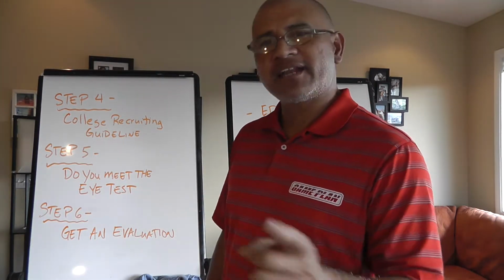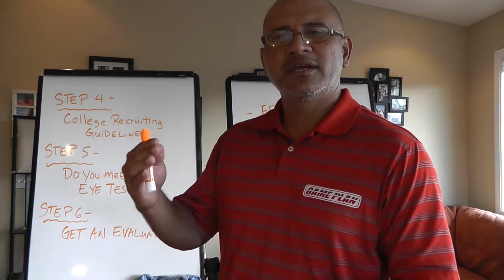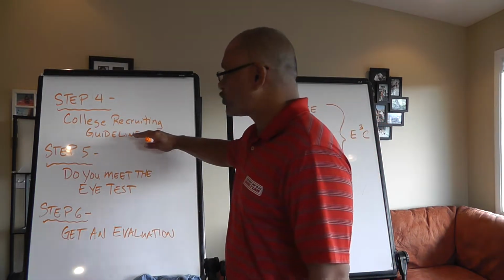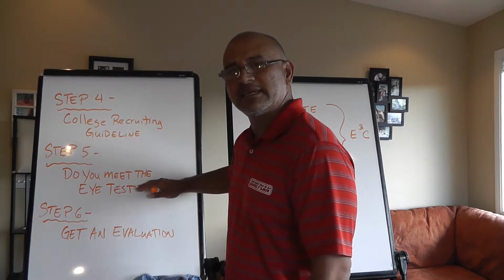Now, you can't request the evaluation if you don't meet certain criteria. So that means you got to know these guidelines. You got to know if you meet the eye test.